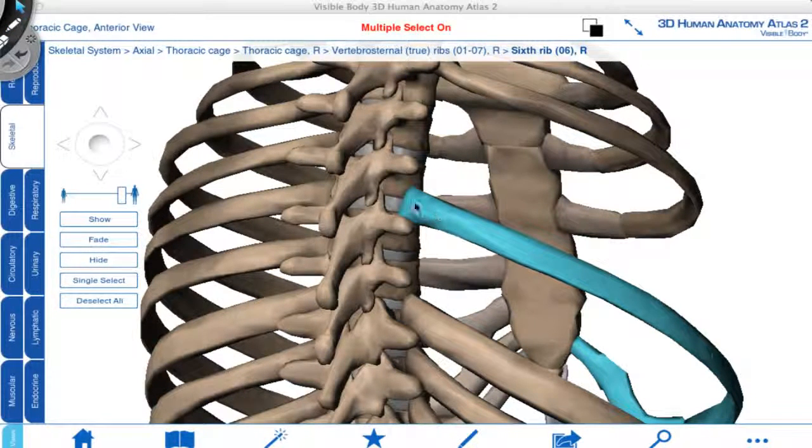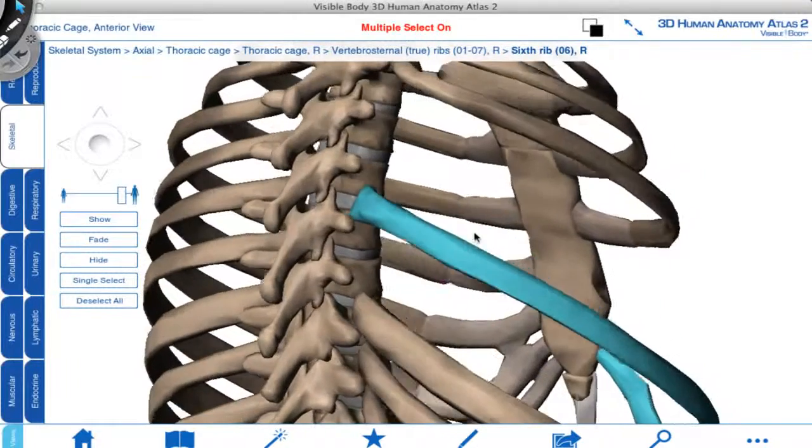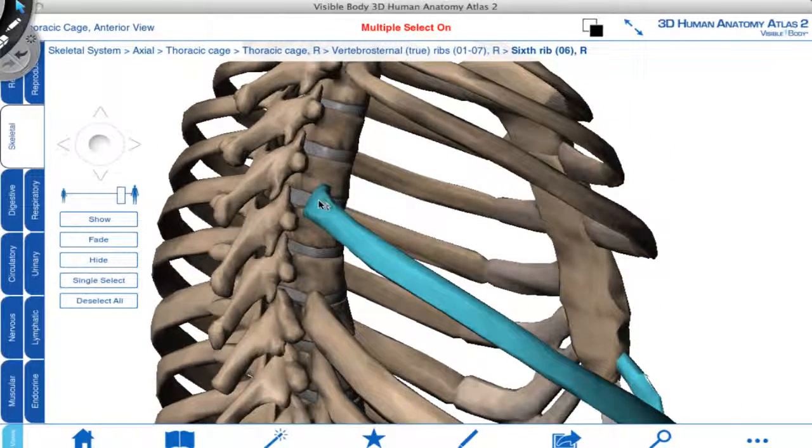What this means is that if this is rib number 6, I'll just turn it again here, we can see that rib number 6 articulates here with T5, and also T6. So this is rib number 6. The superior articular facet articulates with the inferior costal facet of T5 here, and it articulates with the superior costal facet of T6 below.